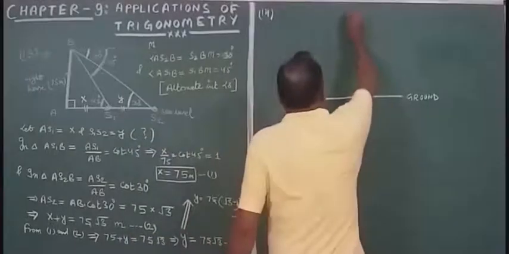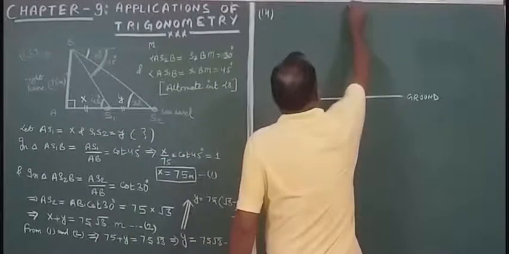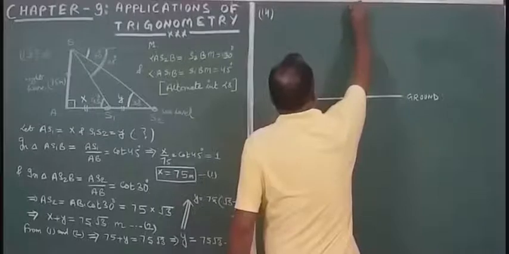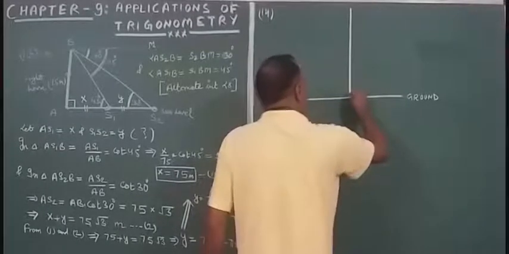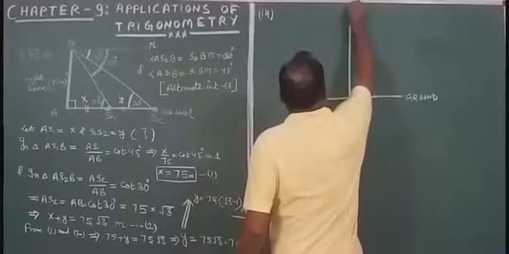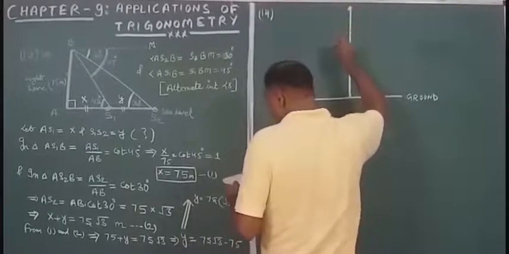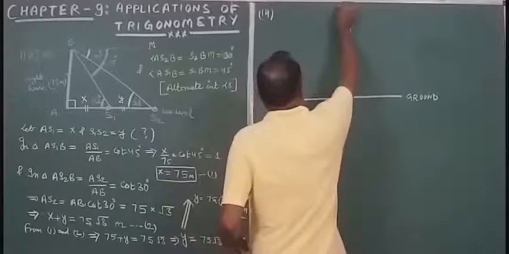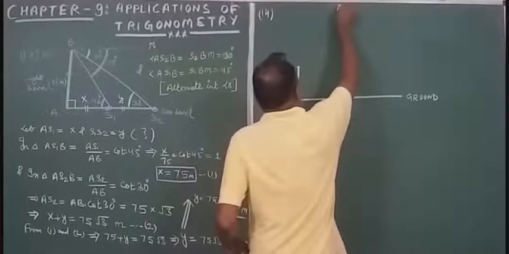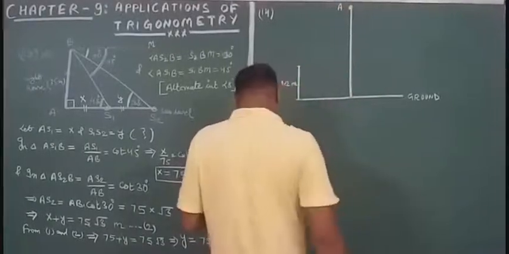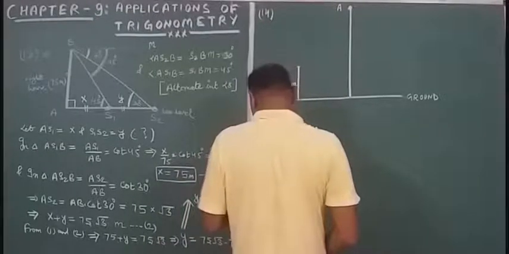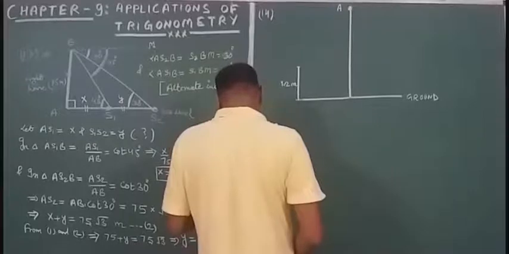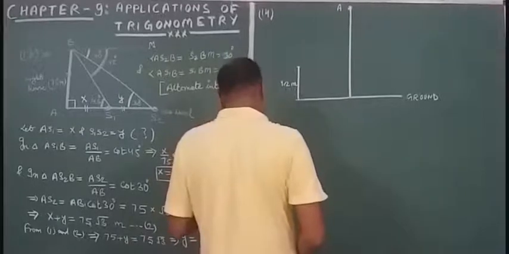Suppose ये बैलून है, this is the balloon here, where it is, suppose this is point A, and what is the height of this balloon from the ground level? That is 88 meter, 88.2 meter.